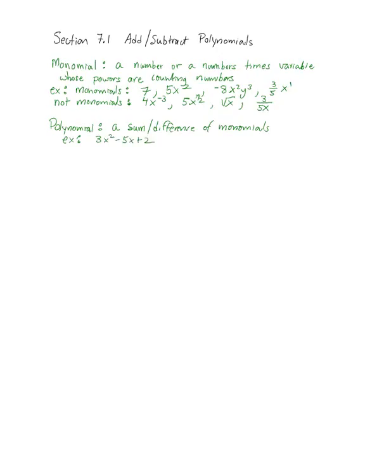There's a polynomial. Now, this polynomial has a couple important names. This polynomial would be called a trinomial because it has 3 terms, 3 things being added and subtracted.